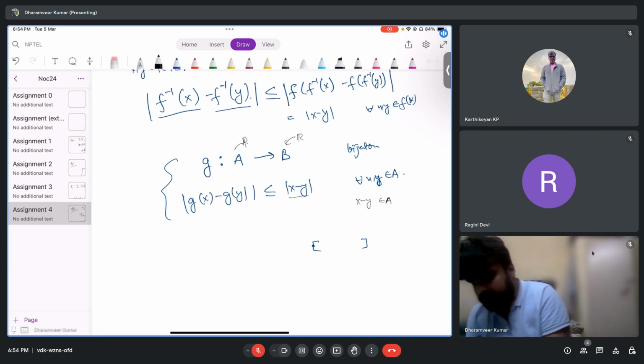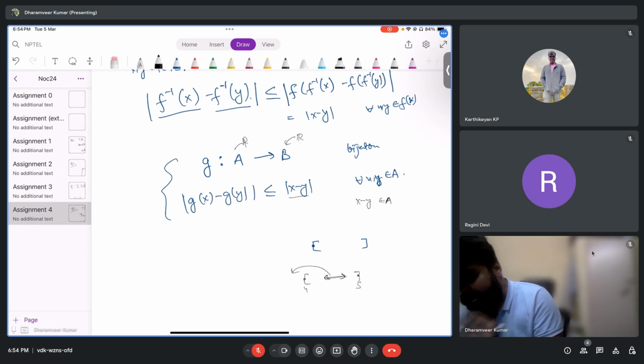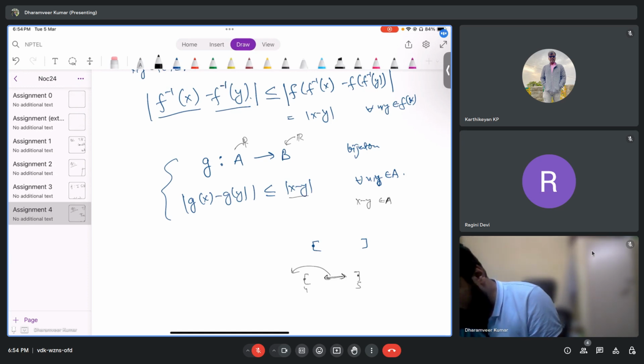For example, if you have a compact set from 4 to 5, if you are taking a difference, the difference may lie outside. For this point, let's say x naught, you want all the points x naught minus y such that, for any delta, this will come outside the set.